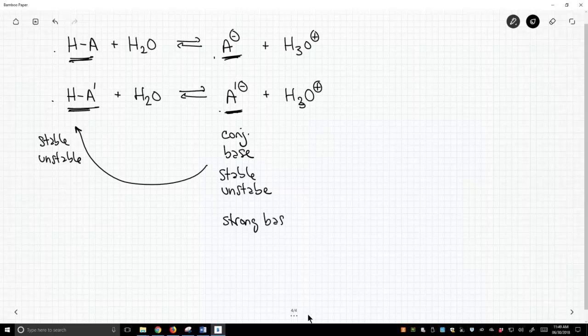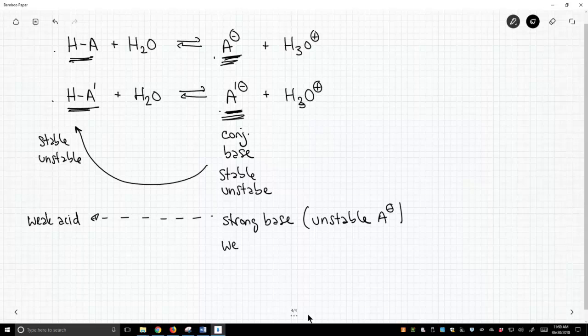that forms a strong conjugate base, well, strong bases arise from weak acids. Or if you look at this anion, one of these two anions, and you say, ooh, that's very stable. So a strong base would be an unstable anion.